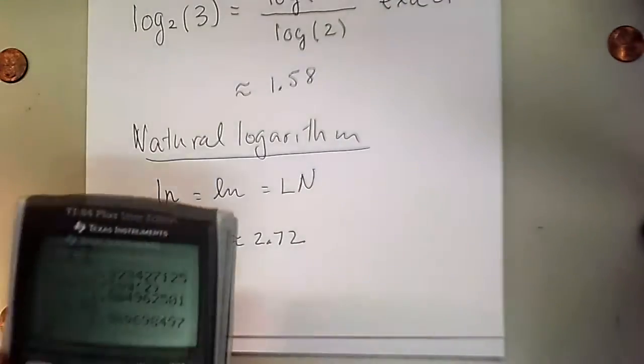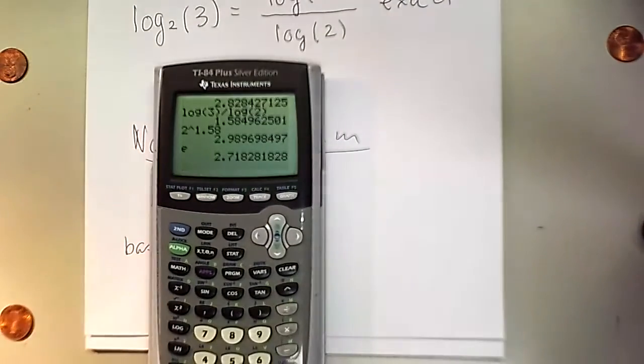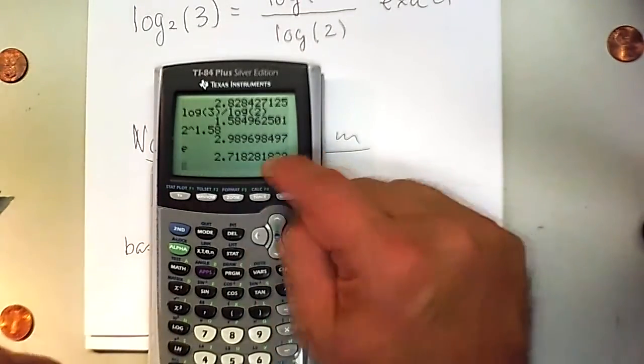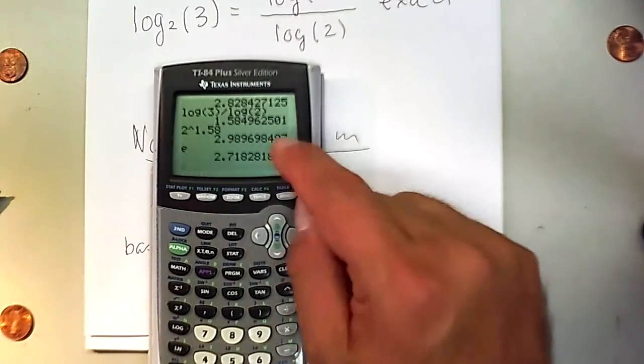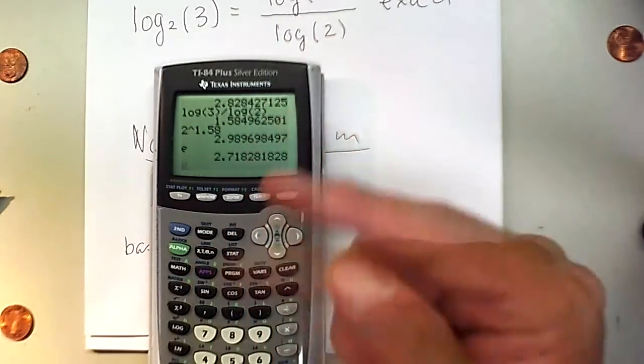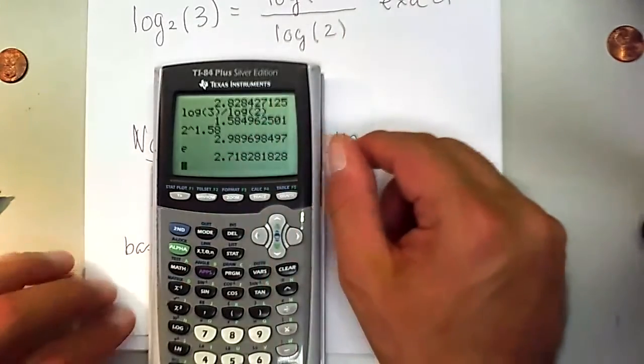Yeah, it is this guy. That's e with all of its glorious decimals. Up to that point, there are many, many decimals after that. So it does have an infinite number of decimals, and they do not cycle. They don't come back to a cycle ever.